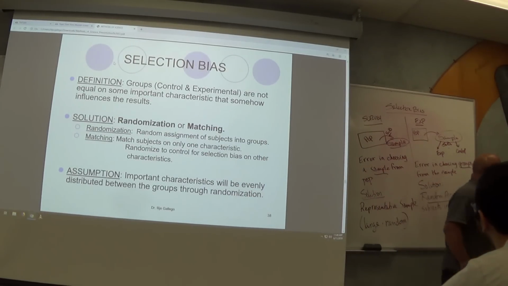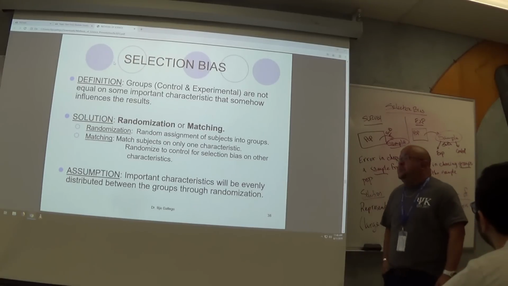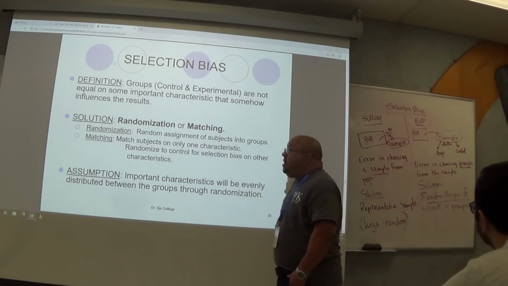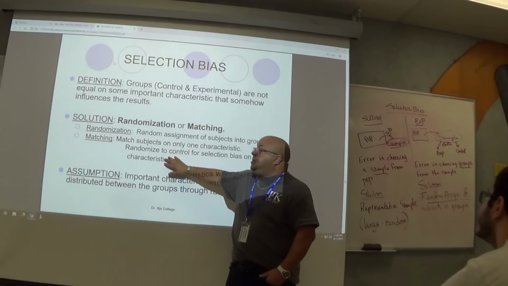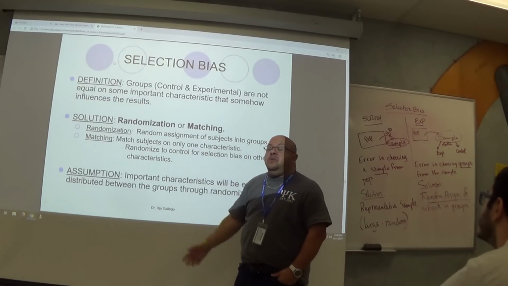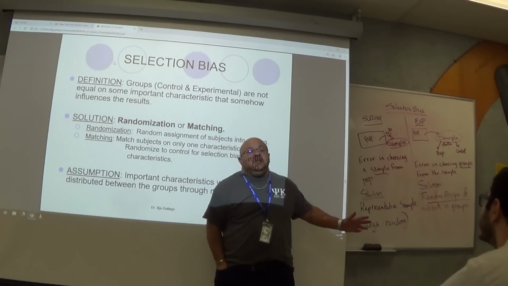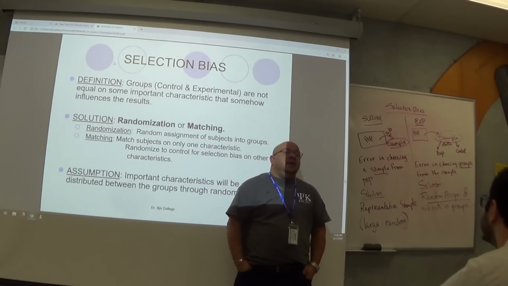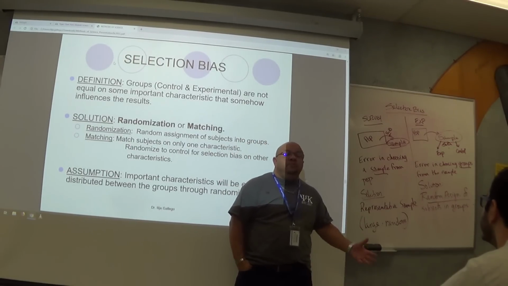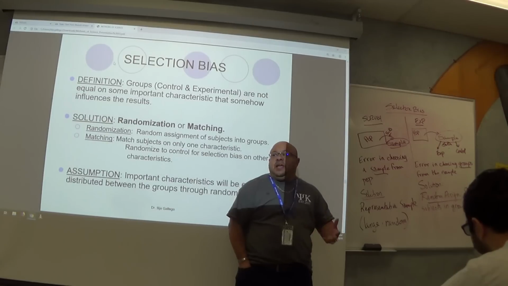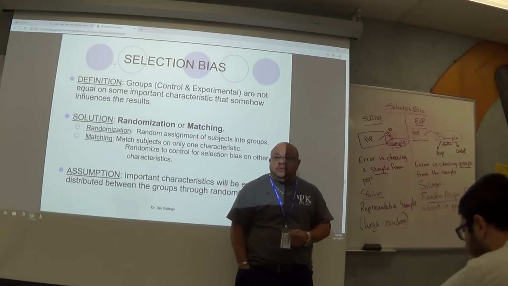Now, there is something else you can do, and you don't need to know this, but I'm going to mention it. And besides random assignment, there's the concept of matching. So matching means that as I'm doing this study, I might decide that I'm going to assume that random assignment is handling problems for me.